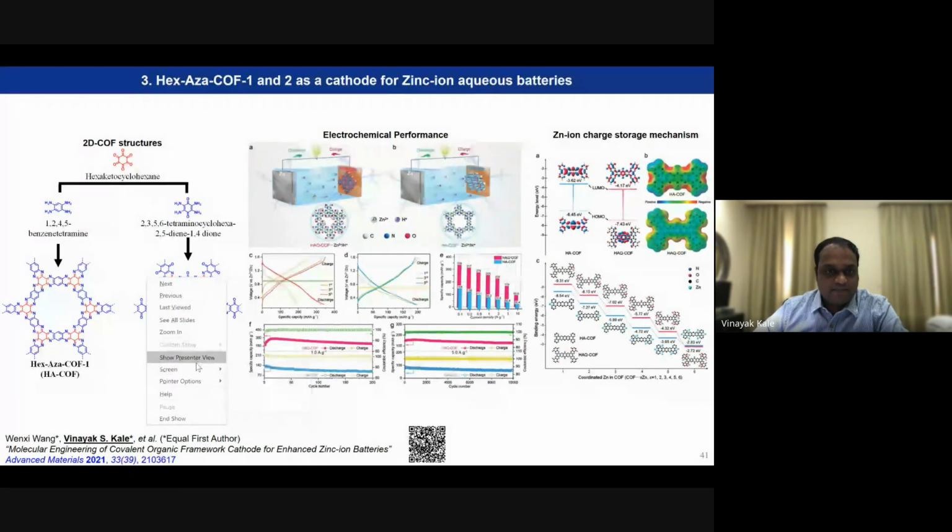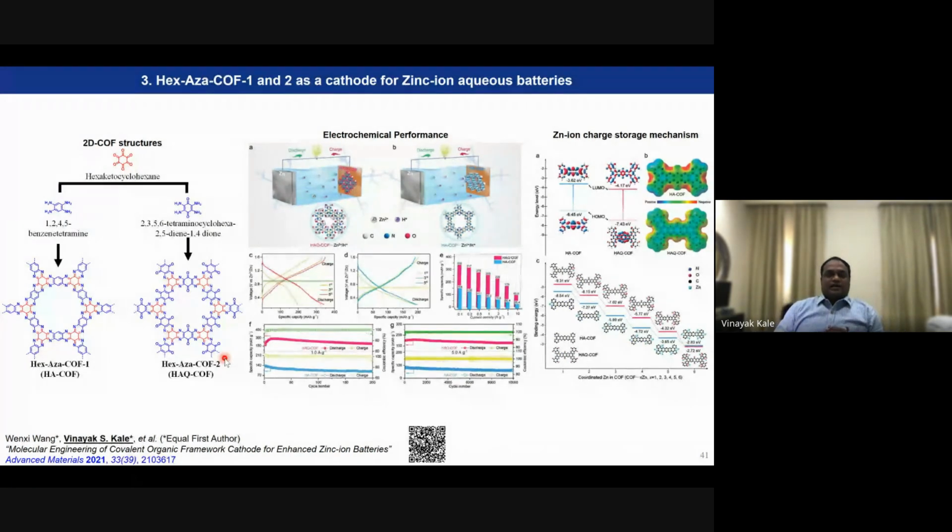As I explained, we can stitch or do molecular engineering of the COF, and we can design materials as per our choice. For example, here the phenazine or the nitrogen, these heteroatoms are active redox sites, but we wanted to stitch or make the quinone moieties in this framework.